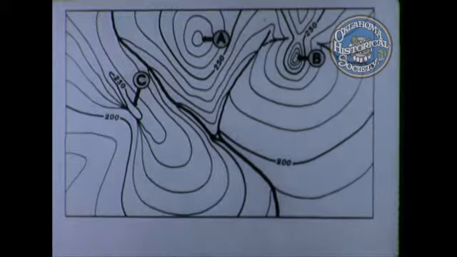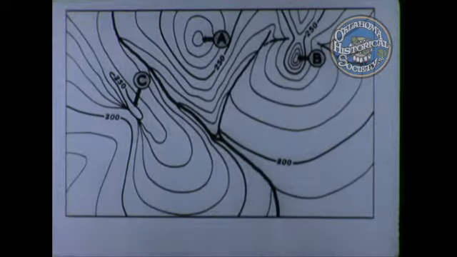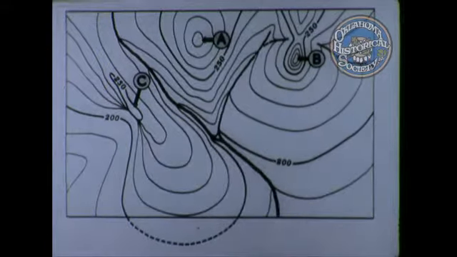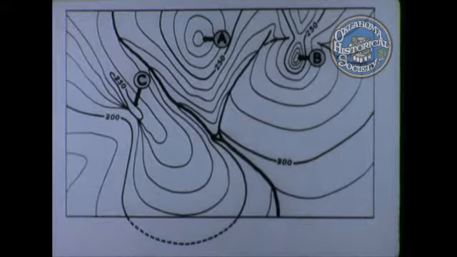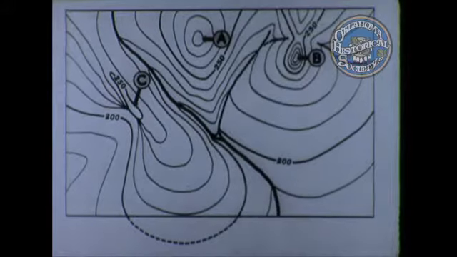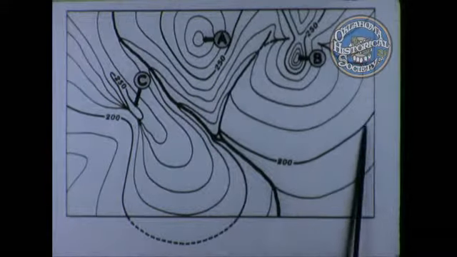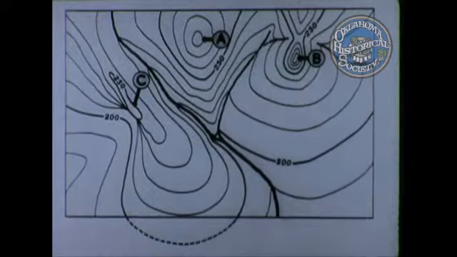Most of the contours do not close within the limits of the map. The 200-foot contour runs off the sheet and closes just outside, as indicated by the broken line. It runs off again at this point and at this point, and closes far beyond the limits of the map.